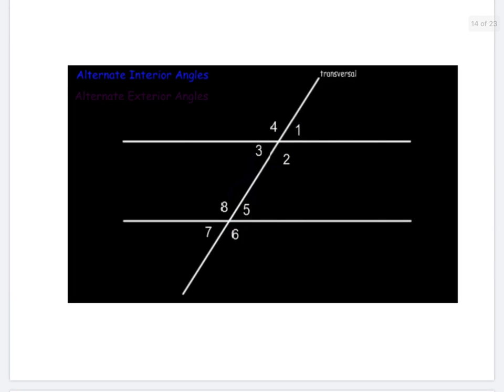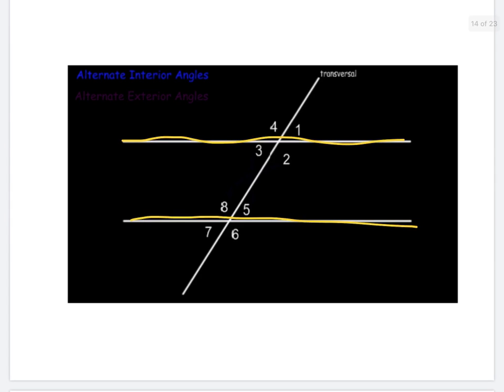This time, we're looking at alternate interior angles. Alternate interior angles are formed on the inside of the parallel lines. So if I highlight the parallel lines here in yellow, I'm looking at the angles that are in between those parallel lines because they're alternate interior.